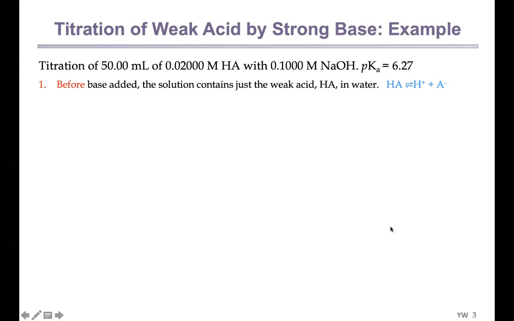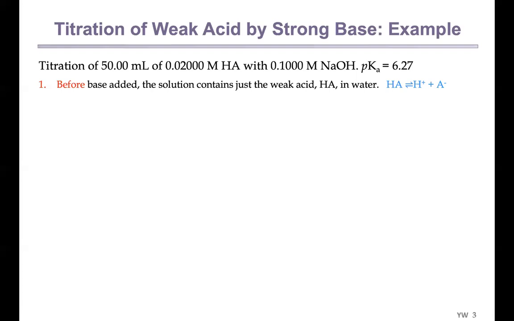How do you get the 6.97? pH equals pKa plus logarithm equation.